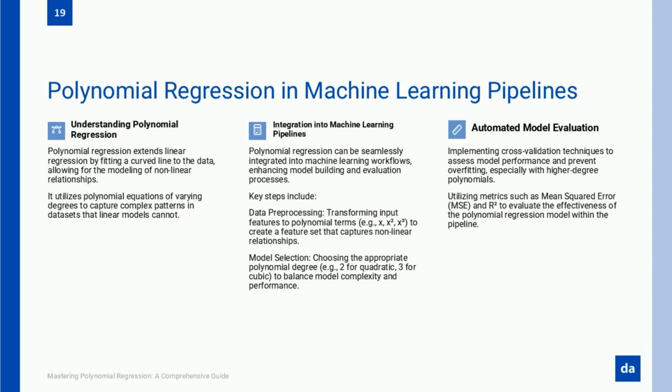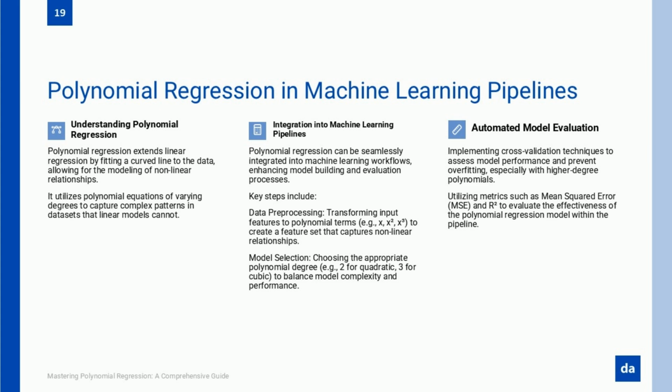Another key advantage of integrating polynomial regression into machine learning pipelines is scalability. Instead of manually building a regression model for each new dataset, an automated pipeline can process large datasets, test multiple polynomial degrees, and optimize hyperparameters in a streamlined workflow.